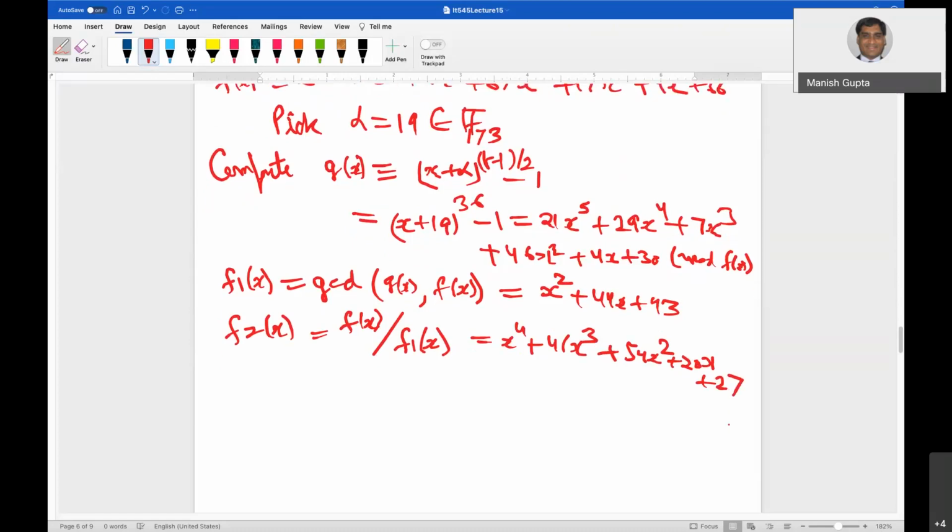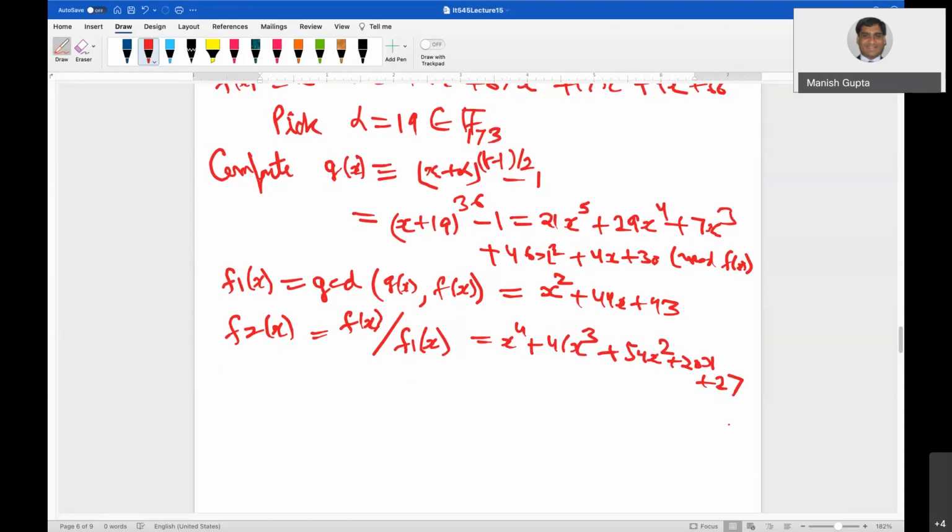So that means we are able to find two factors, right? x square plus 44x plus 43. Our polynomial was of degree 6, now we got one polynomial of degree 2 and one of degree 4. We are able to factor two of them. We are successful in splitting fx into non-trivial factors, right?